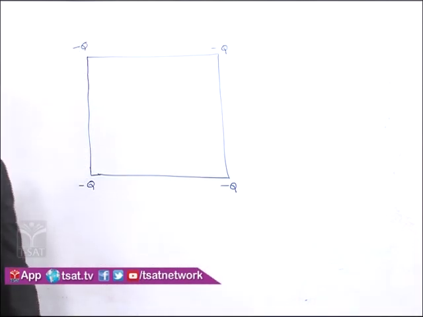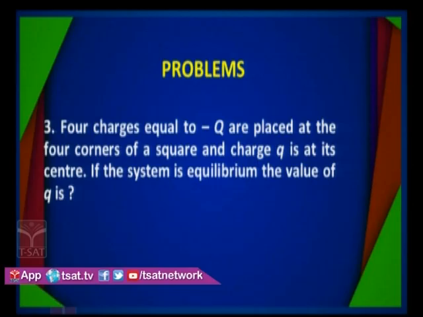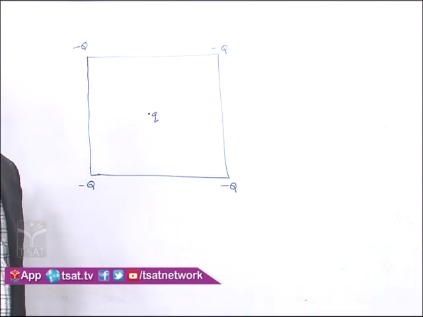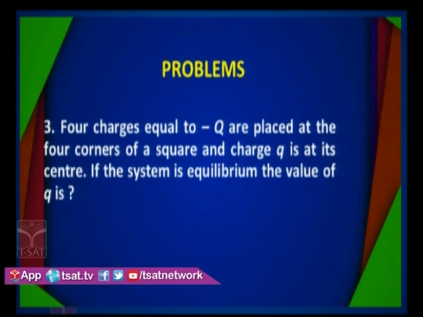They are placed at the four vertices, the four corners of a square, and a charge q is at its center. One more charge q is placed at its center. If the system is in equilibrium, then find this value.